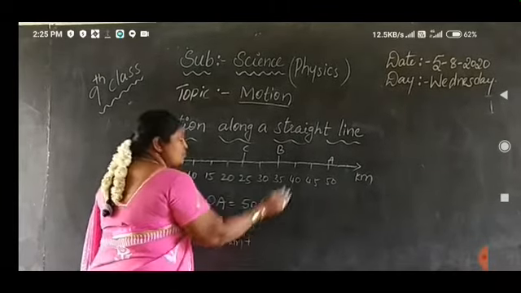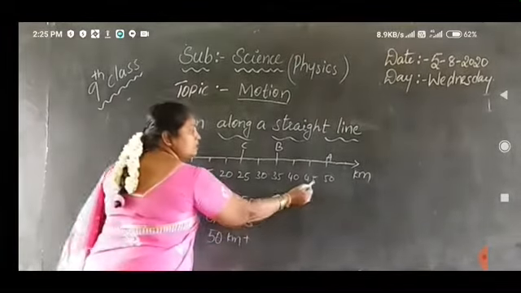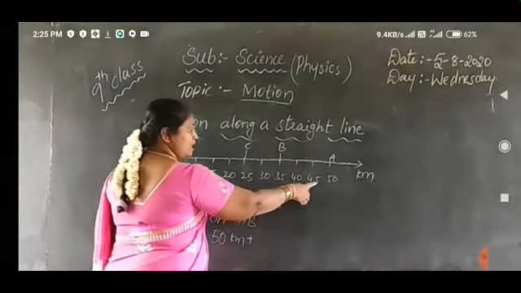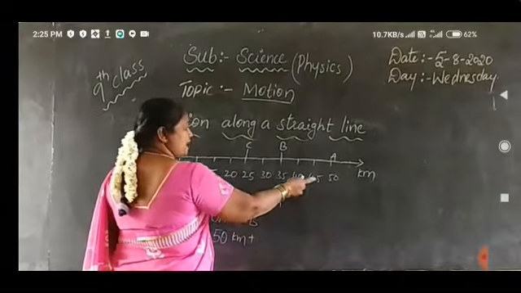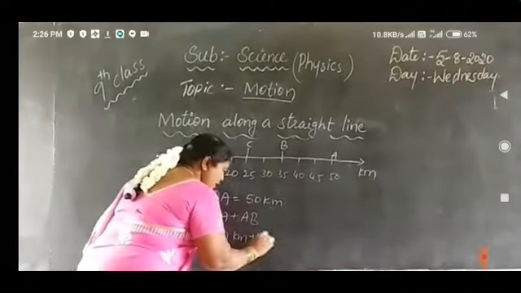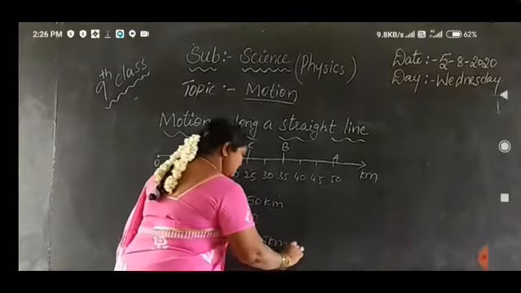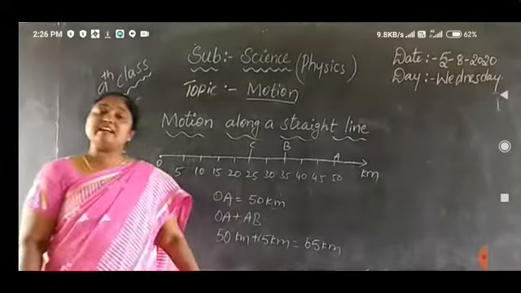And how much once again when he came back? What is the distance he has traveled? Here the difference between these two is 5 kilometers. So 50 plus 15, he has traveled 65 kilometers.